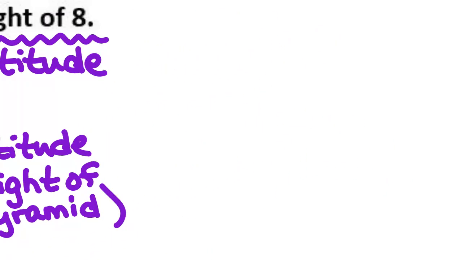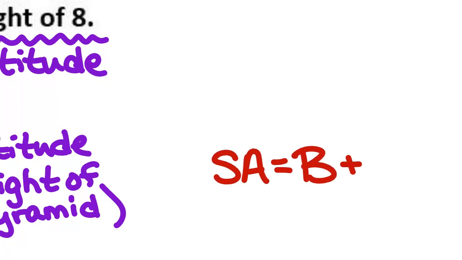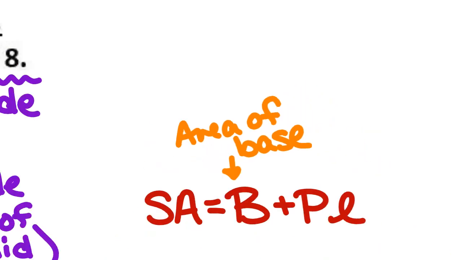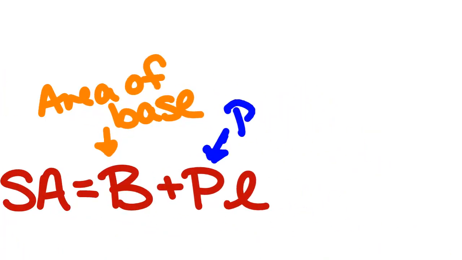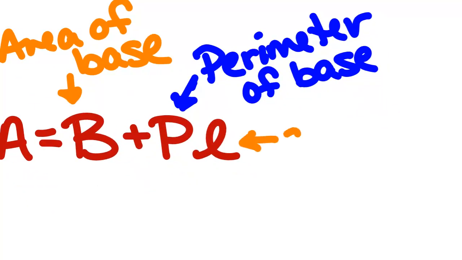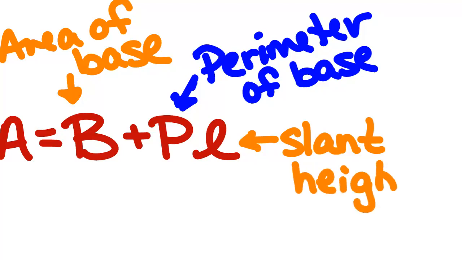All right, surface area. Surface area is equal to the area of my base plus the perimeter of the base times the slant height. What shape is the base again?